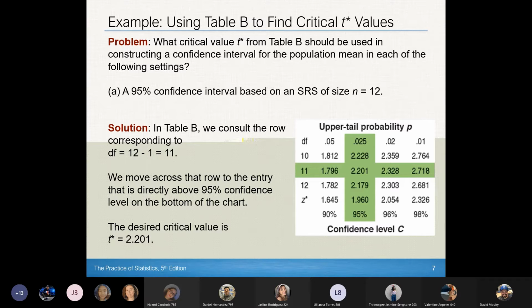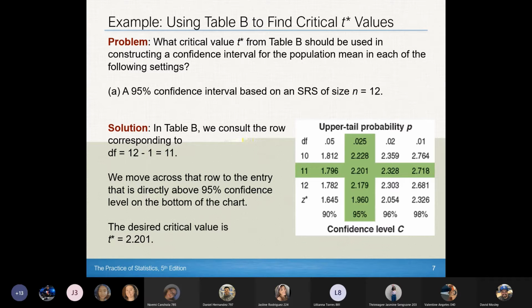So first one is we have a 95% confidence interval based on an SRS of size n equals 12. In our solution here, on table B, we consult the row corresponding to the degrees of freedom equaling 12 minus 1, which is 11. What that looks like on table B is we find the degrees of freedom 11 in that left-hand column, and then we find the confidence level C along the bottom row of the table.